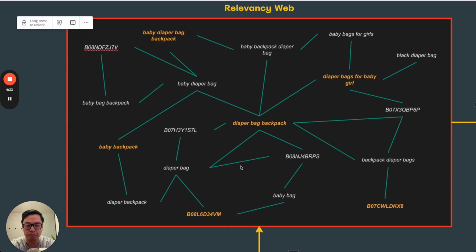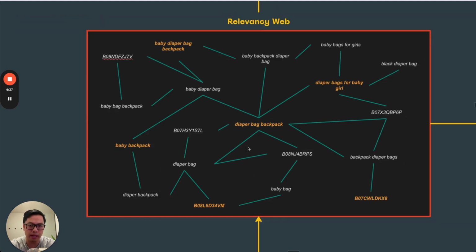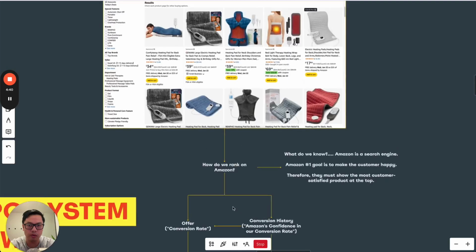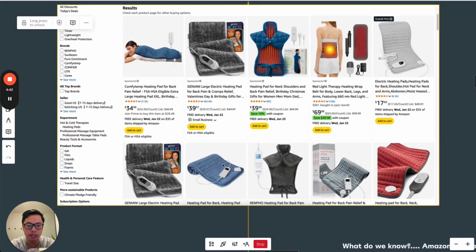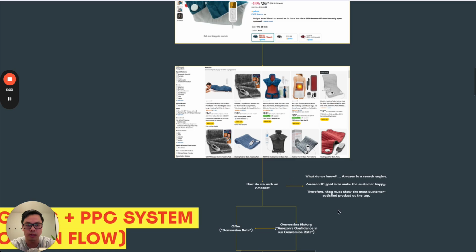So how does this actually work when it comes to rank? When we take a look at the search engine, let's call this one the keyword heating pad. If Amazon knows that you convert, say I'm this guy, and I convert in the 4th position for heating pad, it's because I have a certain amount of conversion rate attached to it.